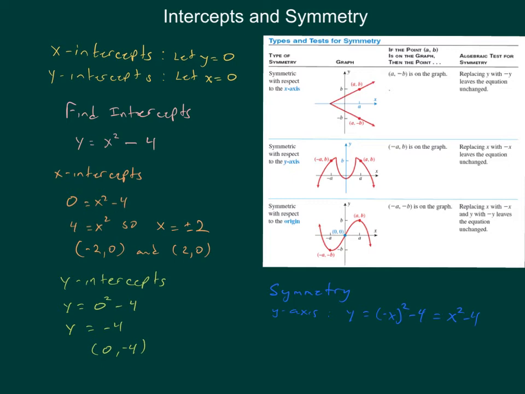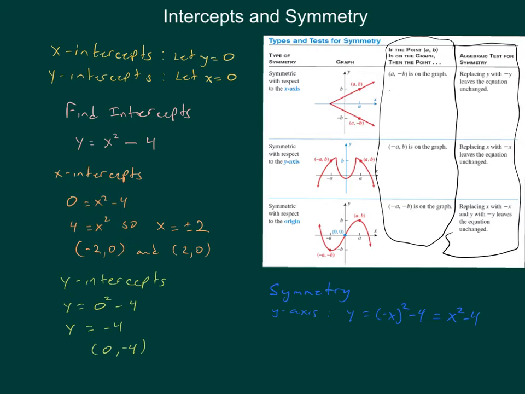So now the key thing that you have to keep in mind with symmetry is what you see here and here. When you have different types of symmetry, that also tells you things about points.